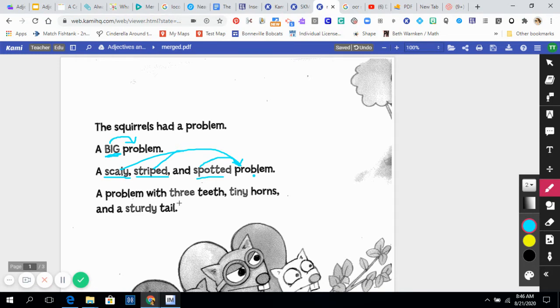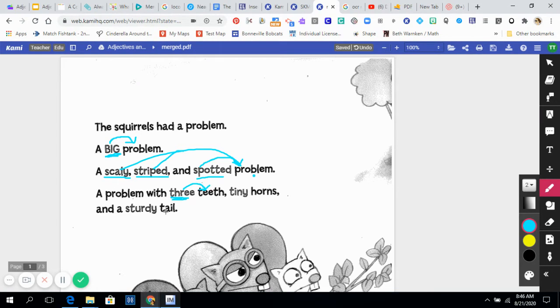A problem with 3 teeth, tiny horns, and a sturdy tail. Boys and girls, I heard 3 teeth. What kind of teeth? How many? There's 3. Here's my noun determiner, a problem. Nothing here with 3 teeth.